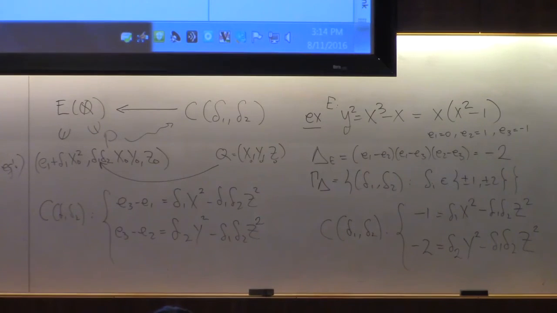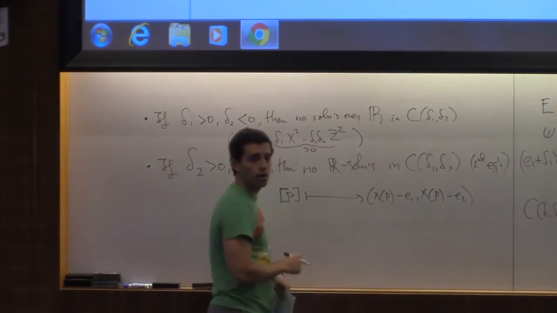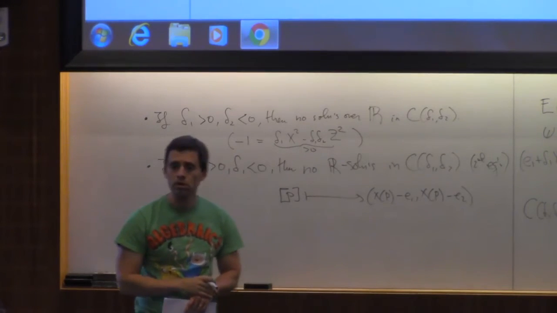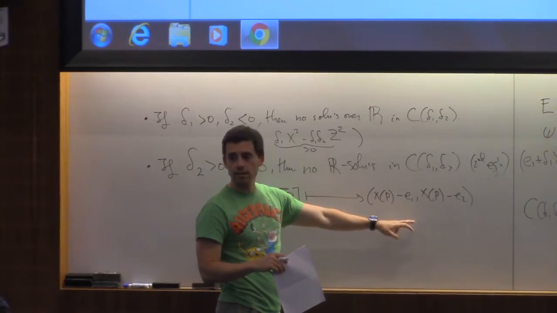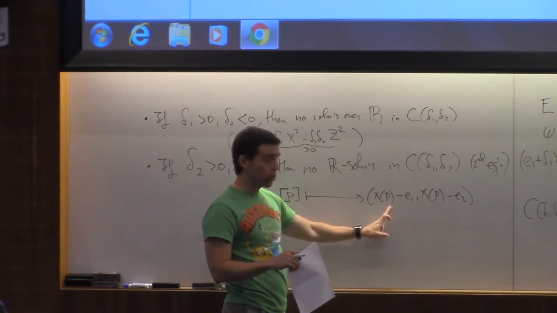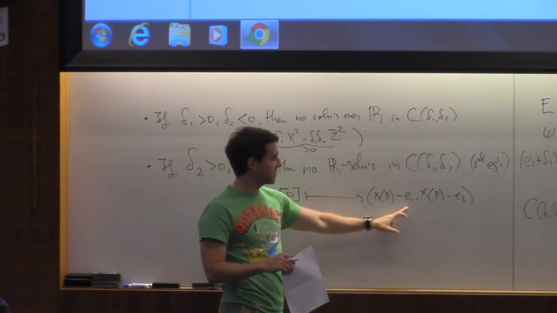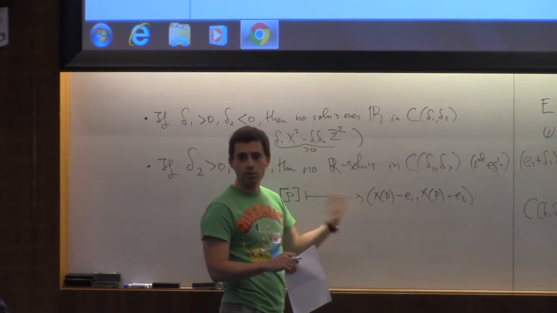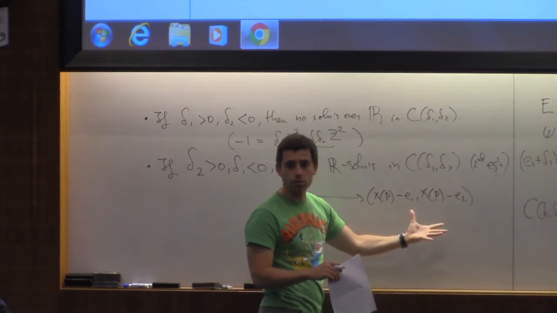P goes to (x_P minus e1, x_P minus e2), and you take the square free part of those numbers. That was my map from points to pairs of deltas. But obviously that doesn't work. If the x-coordinate is e1, I get a problem because that's 0, and then there's no square free part there. And if x is e2, I get a problem too.